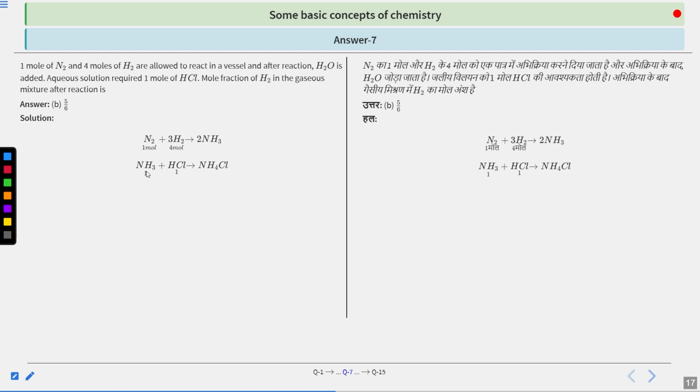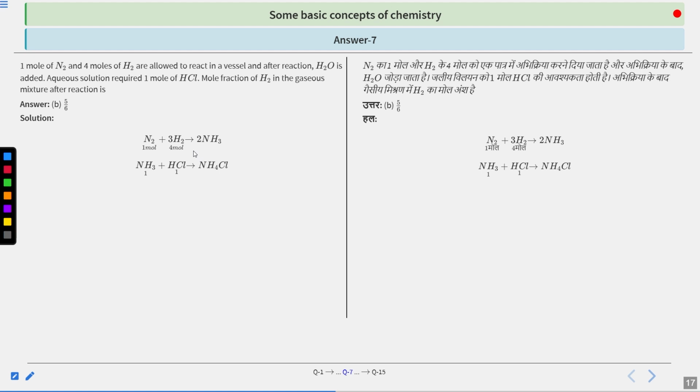Now in the balanced equation for the reaction of NH3 with HCl, 1 mole of NH3 reacts with 1 mole of HCl to give 1 mole of NH4Cl. Therefore, 1 mole of HCl will be used up. Clear?